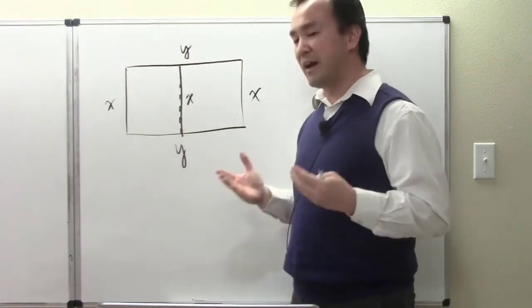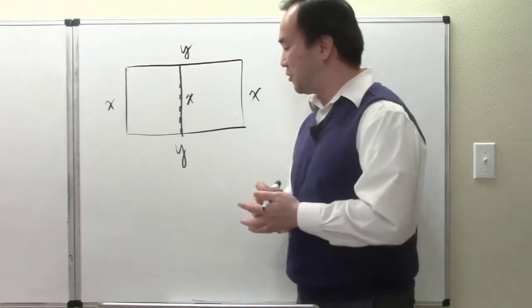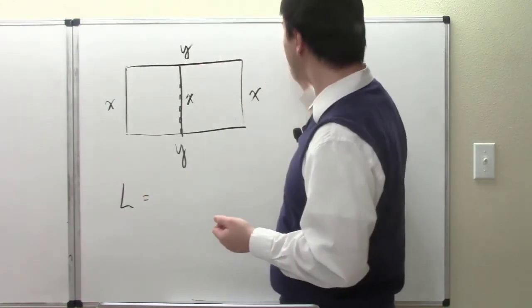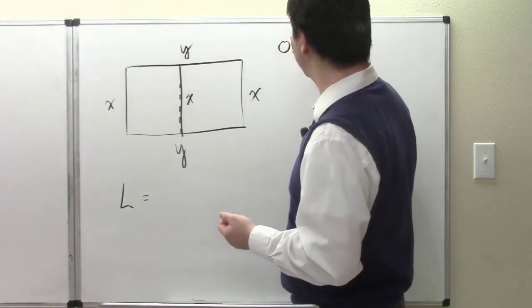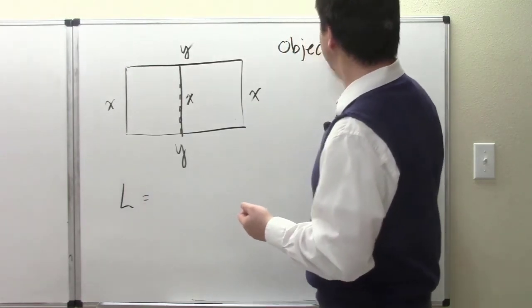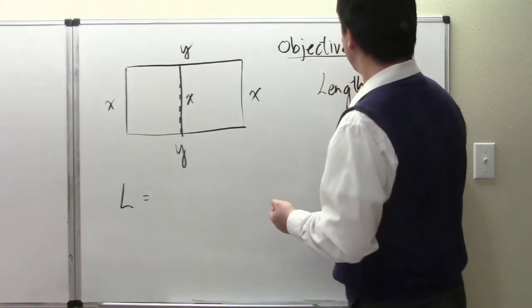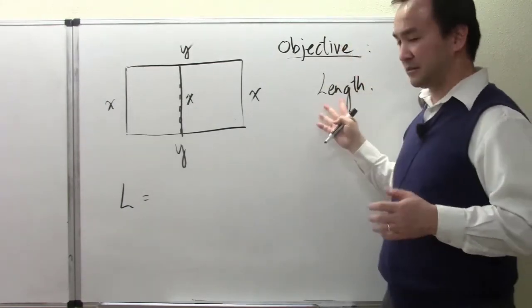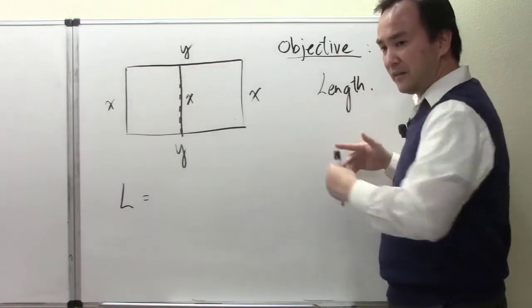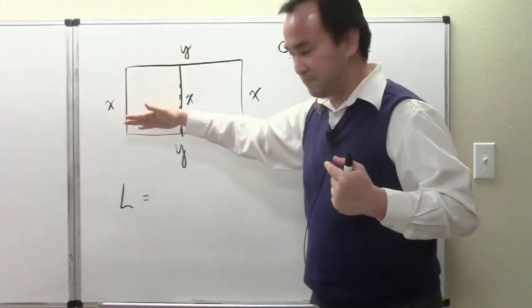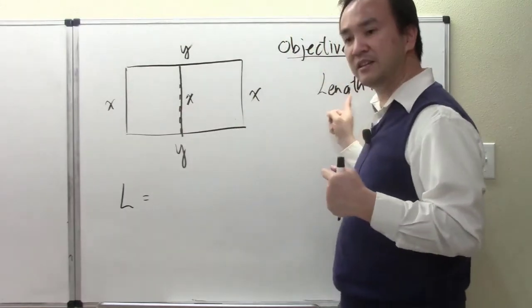So we have to maintain at least that much. And so now I'm going to call length our objective. So I'm identifying my objective here. Our objective is the length, because we need to find the minimum amount of length, so that we can still fence that much area, but with the least amount of length.